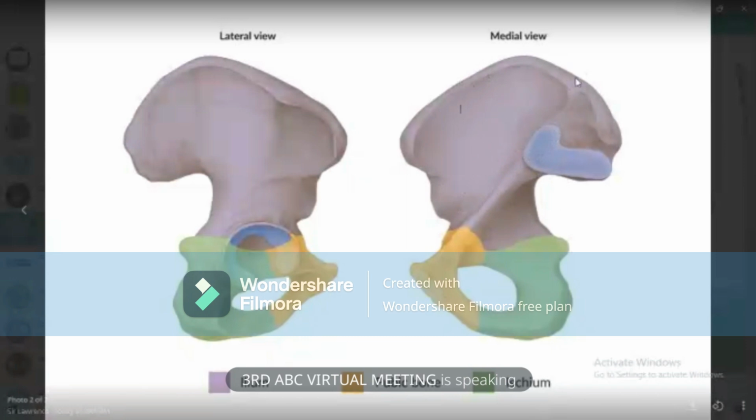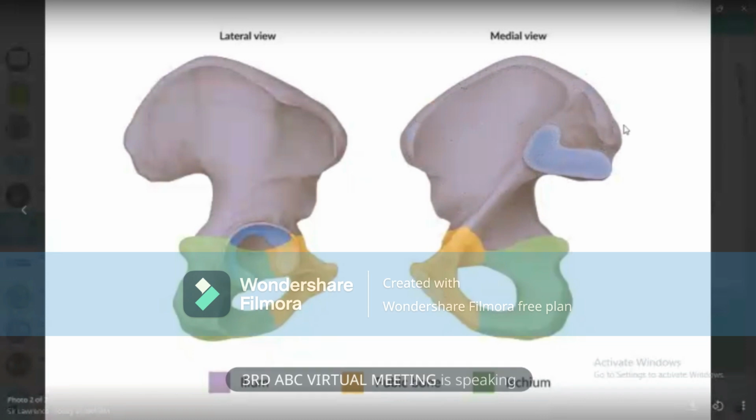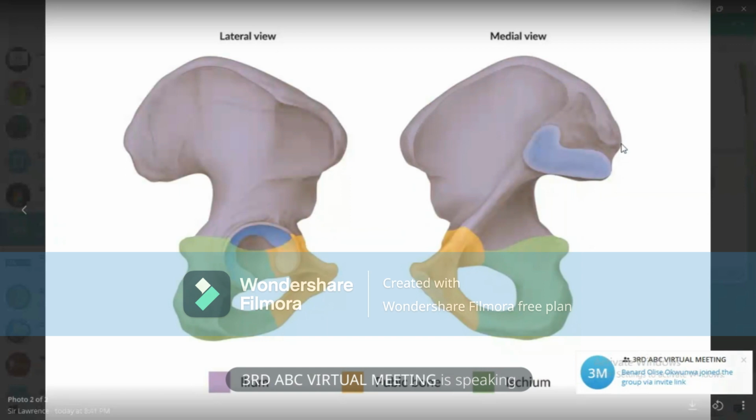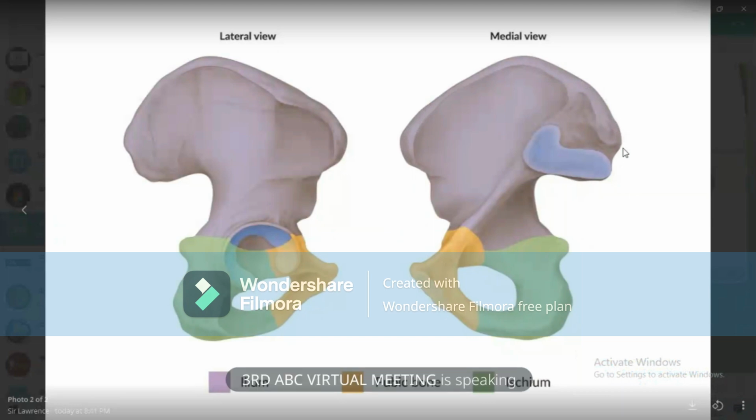This depression here is called the iliac fossa. Alright, then it has a ridge superiorly above it. This ridge is called the iliac crest. This iliac crest continues anteriorly to form a spine, which is not too prominent here, a sharp pointing projection, also called the posterior superior iliac spine.